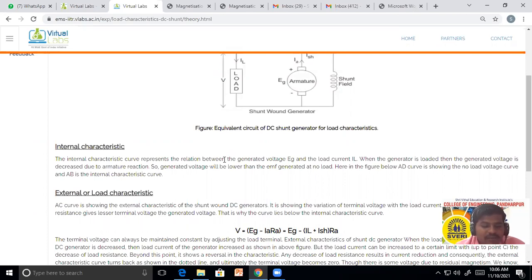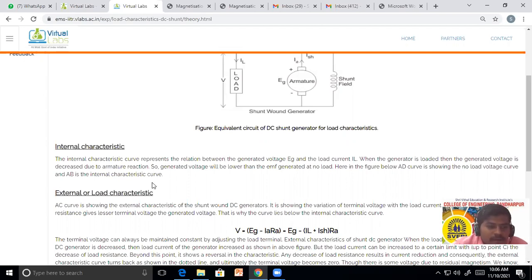Slightly काय होतं ते reduce होते. So it gives a relationship between generated voltage and the load current, or it may be, if the field current is negligible, then we can call it an armature current relationship also. Okay, तिची काय characteristics असेल armature current relationship मध्ये पण ड्रॉ करू शकतो आपण.